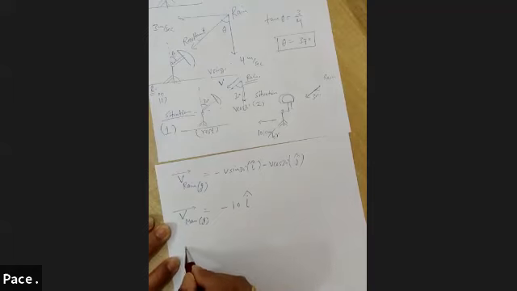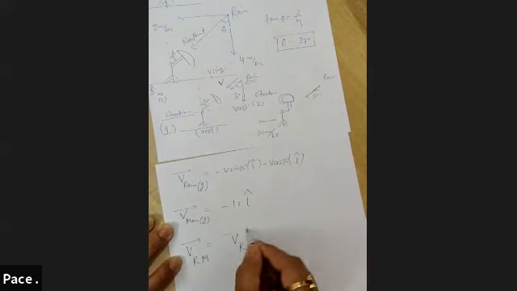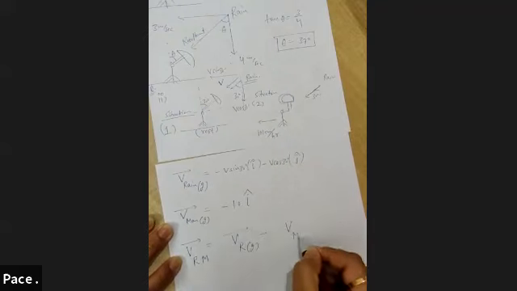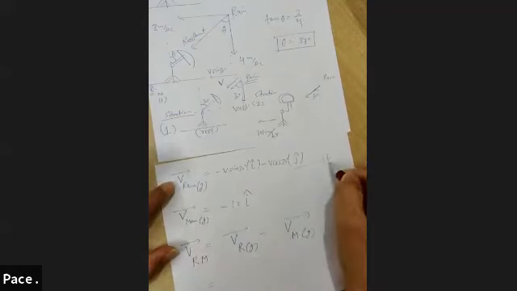And at that time, velocity of rain with respect to man is nothing but velocity of rain with respect to ground minus velocity of man with respect to ground. The velocity of rain with respect to ground is this one first, and the velocity of man with respect to ground is this one second.